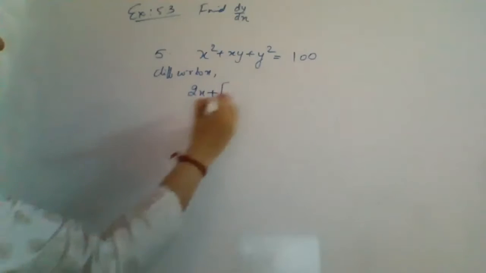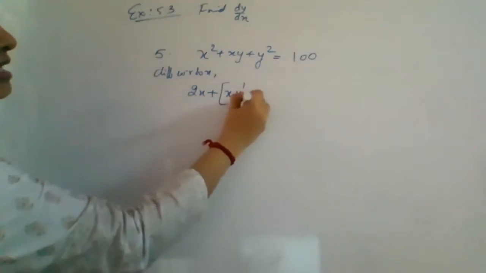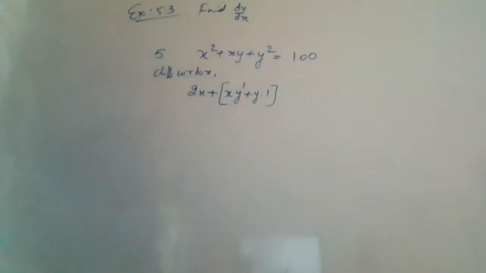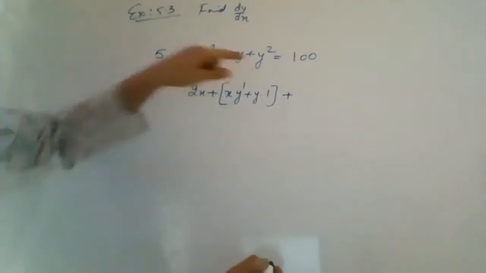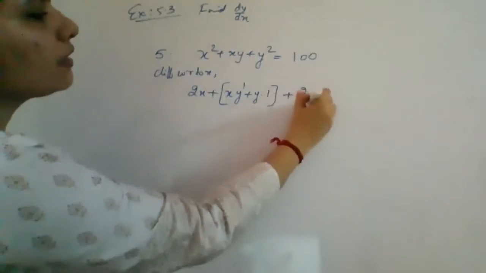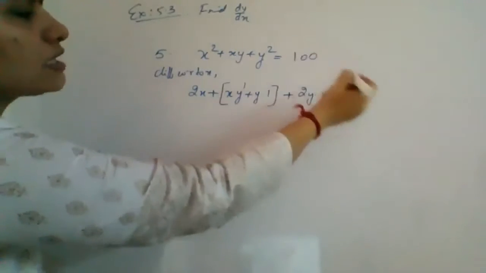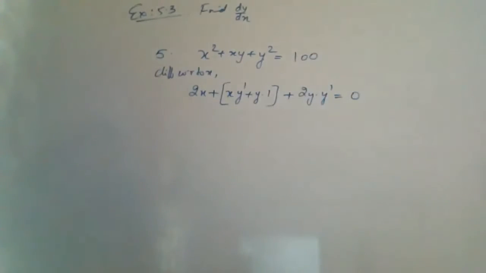You have to apply the product rule. X into y dash plus y into derivative of x, 1, plus again y square will give you 2y into y dash, and derivative of 100 will be 0.